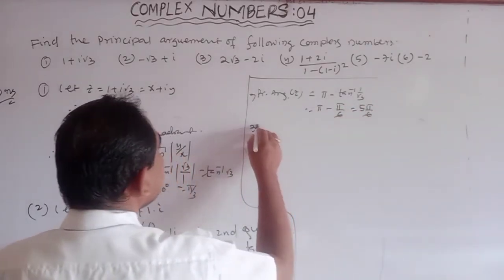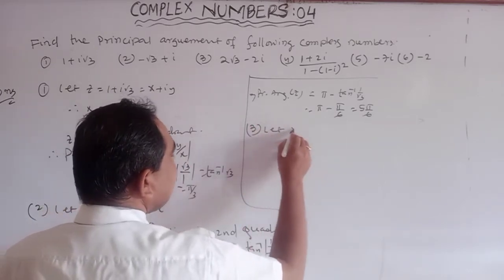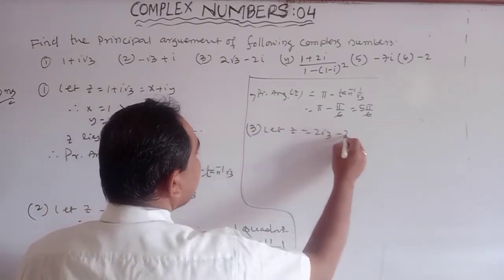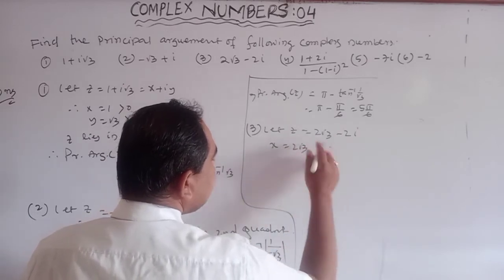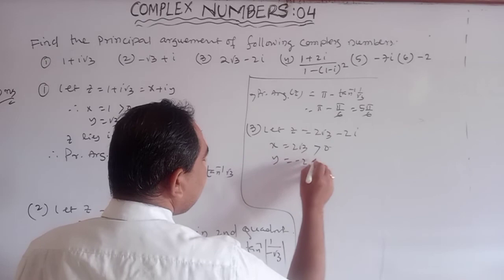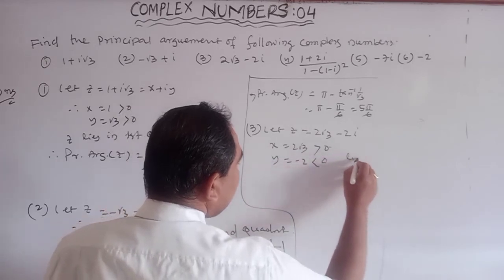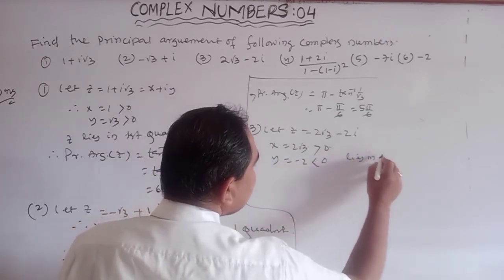Next, 3: let z is equal to 2 root 3 minus 2i. So x is equal to 2 root 3 greater than 0, y is equal to minus 2 less than 0. So z lies in fourth quadrant.